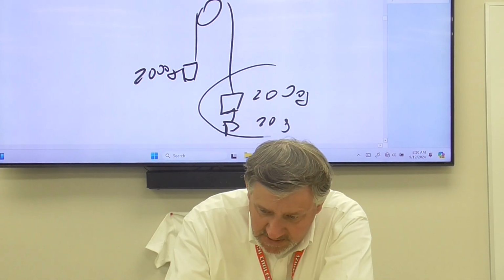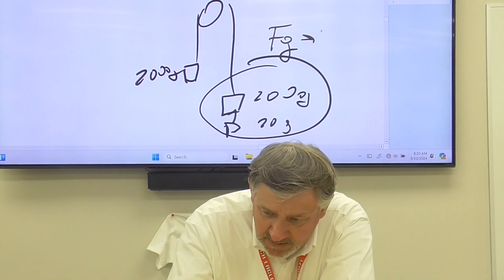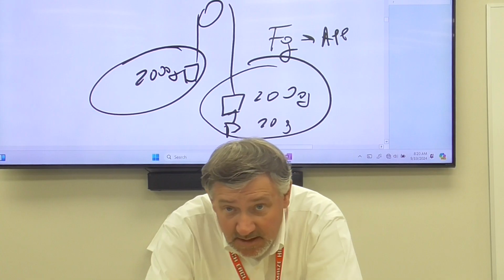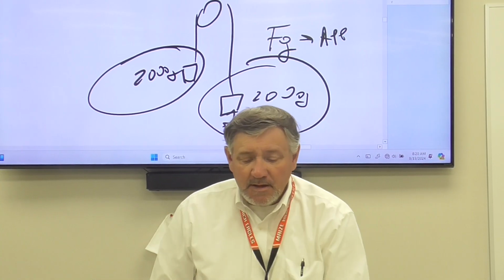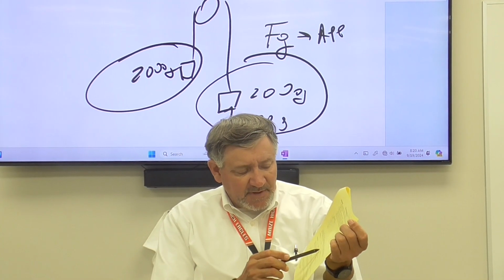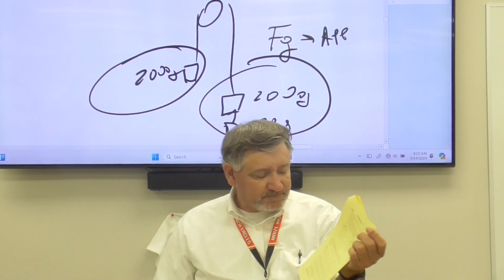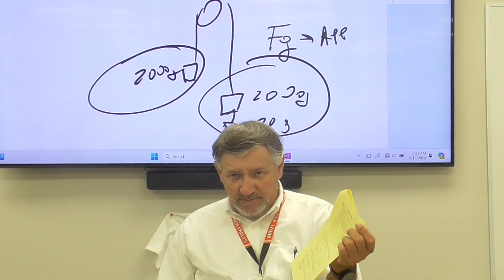So you're going to find the weight of this and call that the applied force. You're going to make this the opposing force. Okay? And then you're going to divide the net force by the total mass. You're going to calculate a theoretical acceleration. Then you're going to do the same thing with the 200 and the 240.